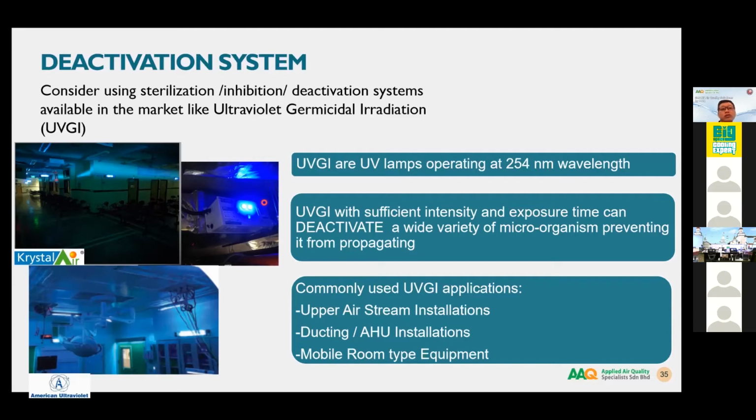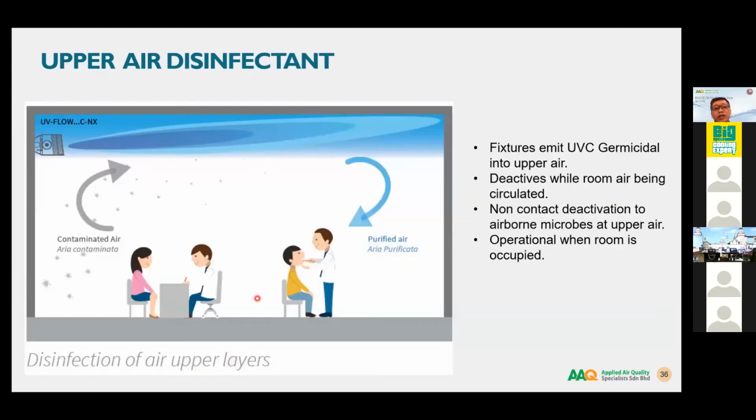So what we recommend is a duct decontamination system such as over here. And we also have upper air. This upper air has been used a lot in healthcare for a long time. I will go through upper air shortly.